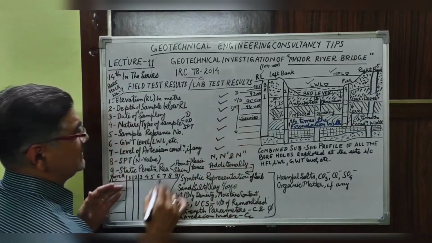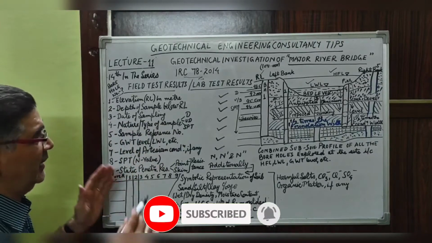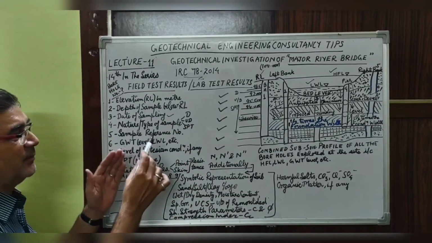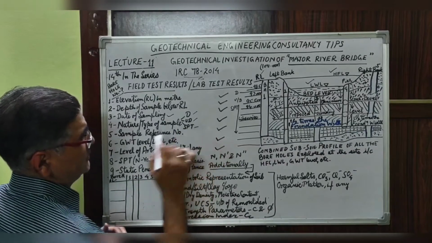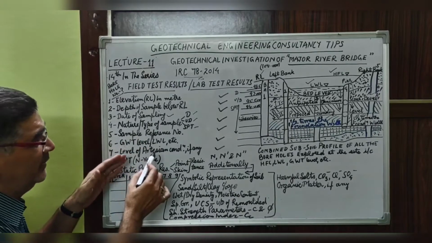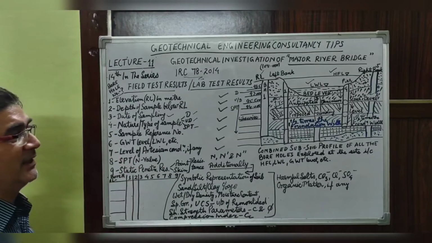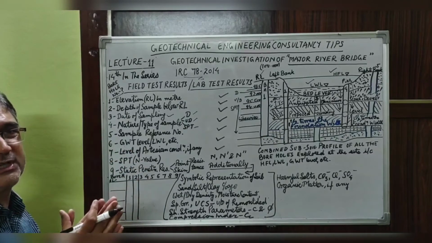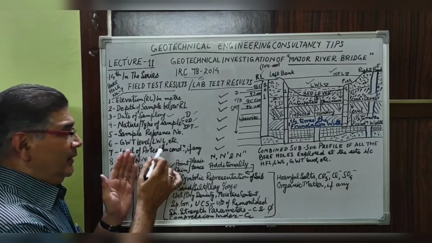So all these samples, RL, reduced level, are also to be mentioned in the chart, along with the date of sampling and the nature type of sample, that is whether it is disturbed or undisturbed or standard penetration test sample, along with the sample reference number, which needs to be numbered at the site, so that when we bring them to the laboratory, they are easily identifiable while doing the testing, and when we accumulate those results in the lab test result sheets, they are easily identifiable.